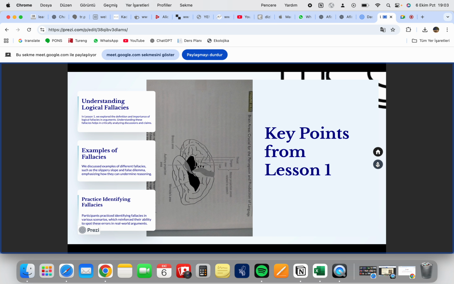Is there anyone who wants to give an answer? Okay. Premises were the reasons, guys, the evidence, and the why part of the argument. And the conclusion was the main claim, the what part of the argument.